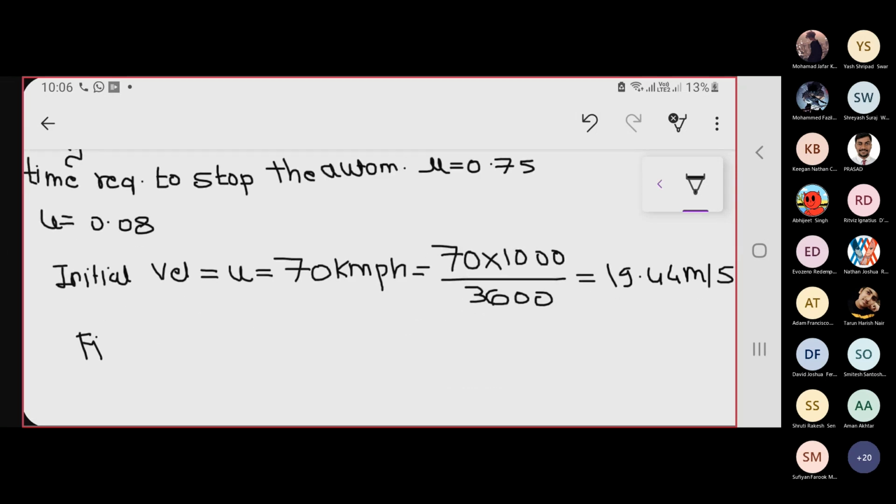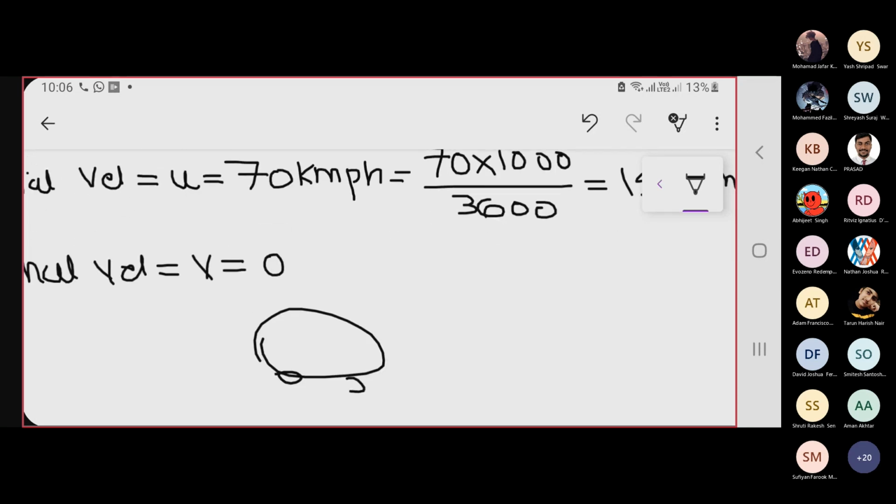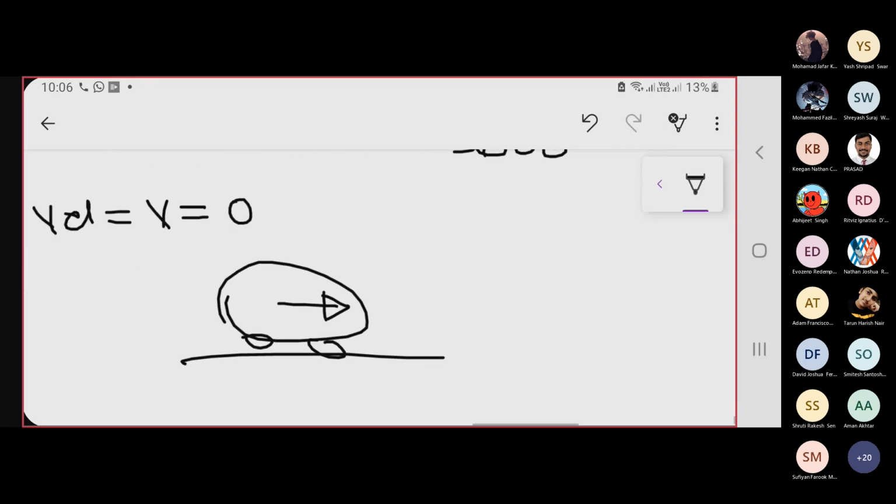Final velocity, when the brakes are applied, is v equal to 0. Imagine this is the vehicle. You apply the brake, and because of that, the friction force acts in the opposite direction. Weight acts downward.